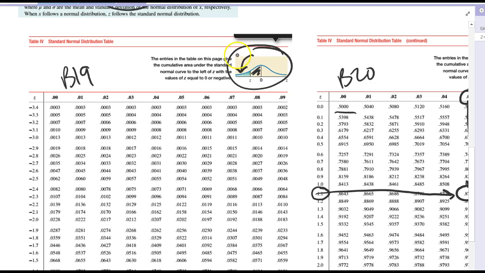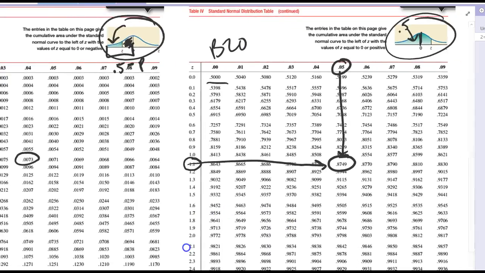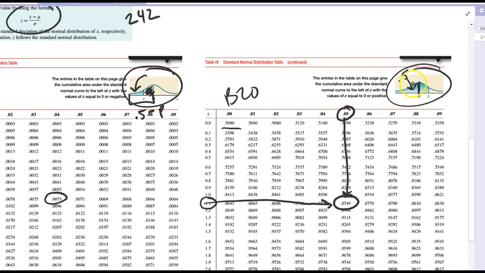So if the z value is negative, the probability they give you is the probability that it falls to the left of it. So you actually take 0.5 minus the probability to get the probability in between. And same thing here, when you take the z value, you have to subtract the 0.5 to get the 0 to z. So then you add those two numbers together.